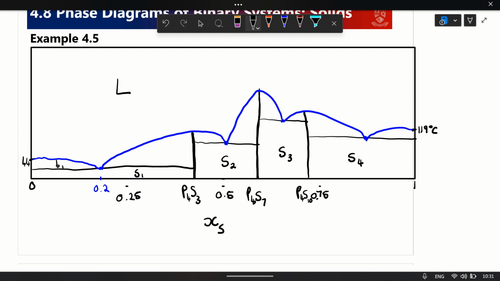Let's call them T1, T2, T3, T4, T5, T6, T7, and T8. Okay. So, I think this was quite straightforward. If they're congruently melting, you expect there should be a eutectic in between any congruently melting points. Yeah, that's kind of straightforward to do.